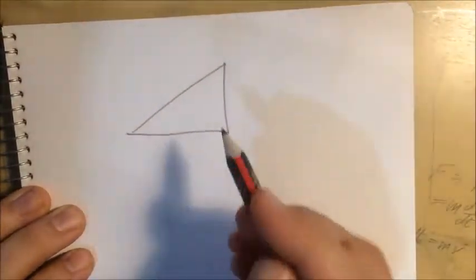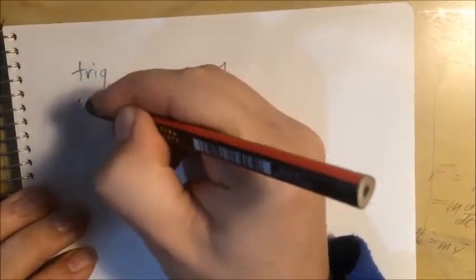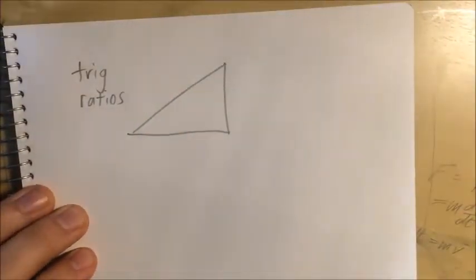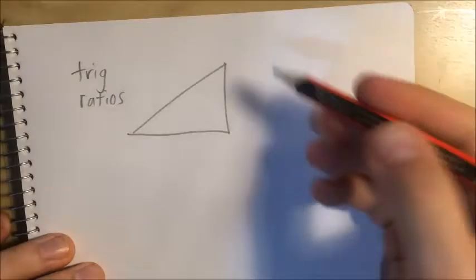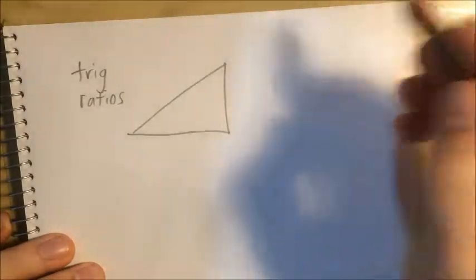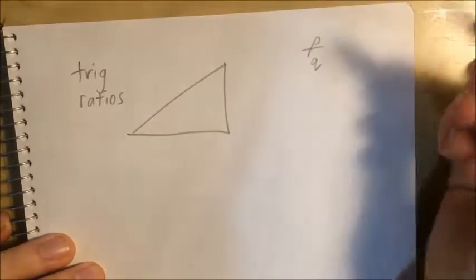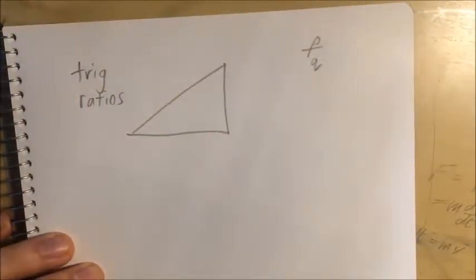Before we get into solving an actual question, I want to go through briefly about trig ratios. A ratio is a number on another number. So P on Q, that's a ratio.